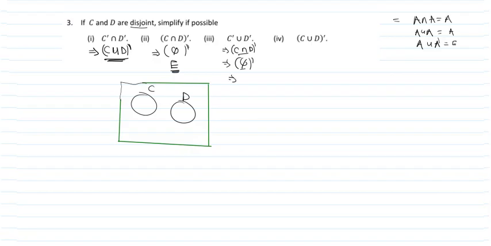Then we know the property that empty set complement gives us universal. So we have two universals, so it's going to give us a universal set.